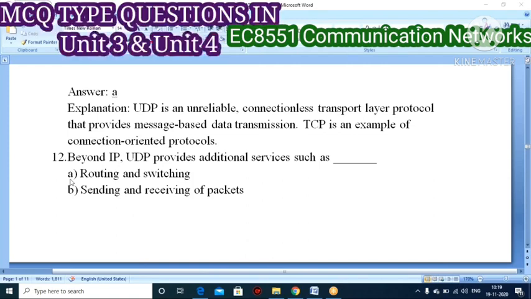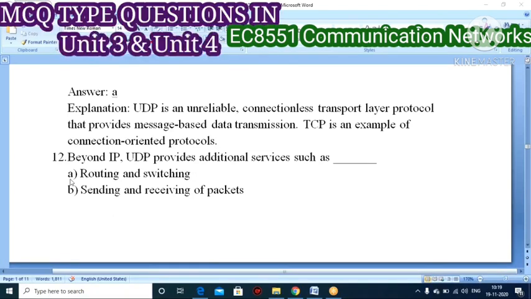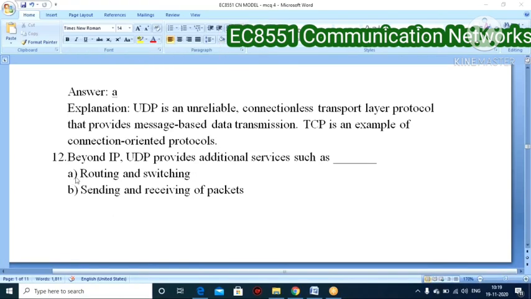Beyond the IP, UDP provides additional services such as dash. IP is the main service for UDP, but beyond that, UDP also provides additional services.